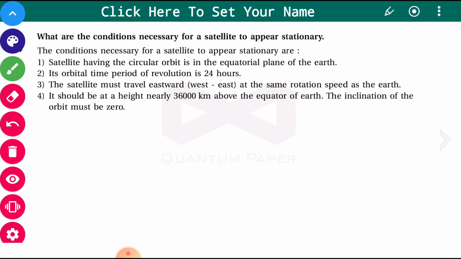The satellite must travel eastward, that is west to east, at the same rotation speed as that of the Earth, and it should be at a height of nearly 36,000 km, that is 35,800 km above the equator of the Earth. The inclination of the orbit must be 0.